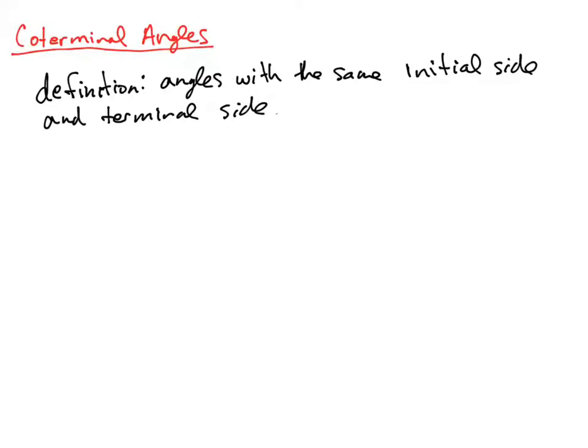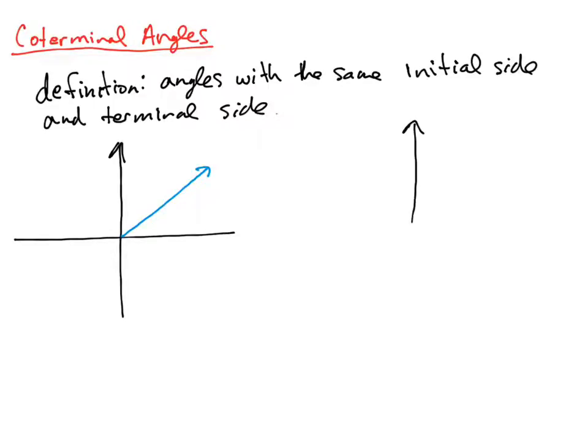So what this means is, if we have one angle that is positioned here, and then we have a second angle. Before I draw the second angle, this first angle, let's say, is right here, theta. It starts along the positive x-axis and it rotates to right here. So we get some angle theta.